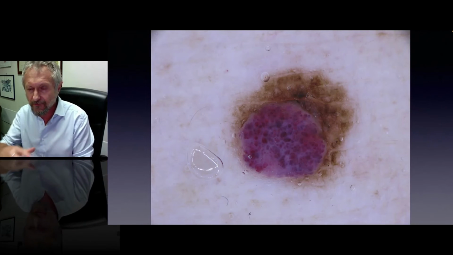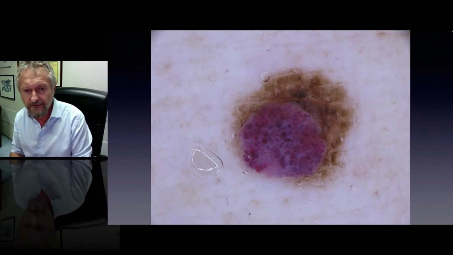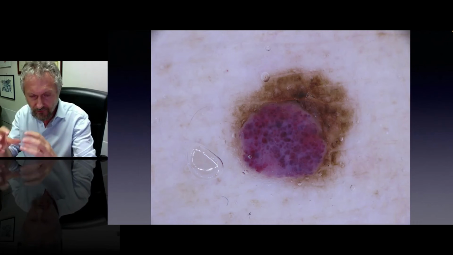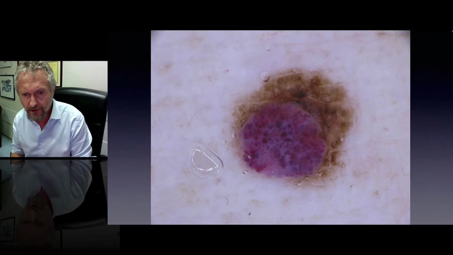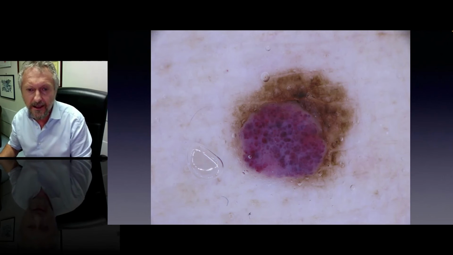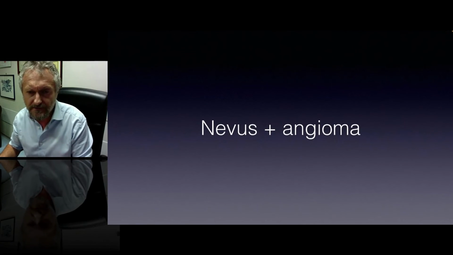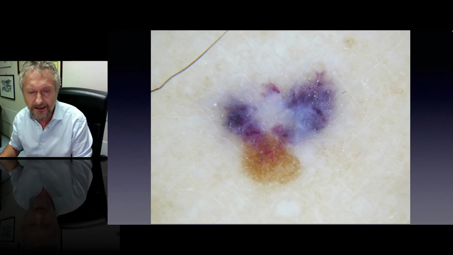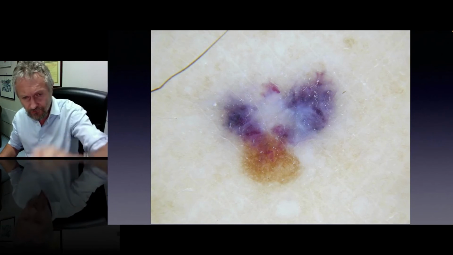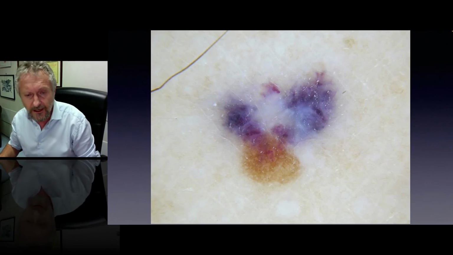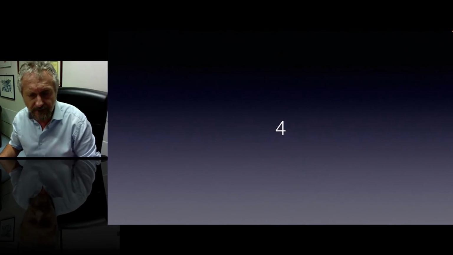You see the brown network of the nevus and the nodular component composed of red-blue lacunes, which are typically seen in a hemangioma. So nevus plus angioma. Okay, this is another example. You see a hemangioma on top and the reticular nevus at the bottom side of the lesion.